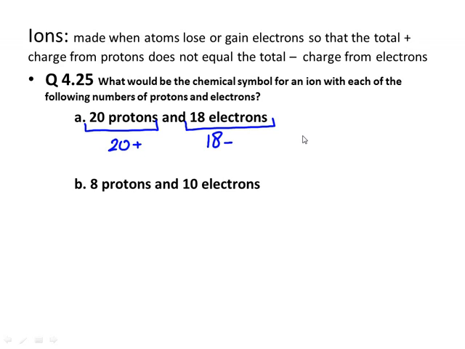So if you put these two types of particles together, what is the overall charge in this particle? So 20 plus 18 minus, what is the charge? The charge, you're right, in this case will be 2 plus. Great. So we know that the charge is 2 plus.